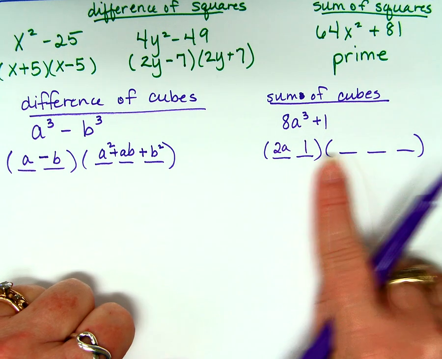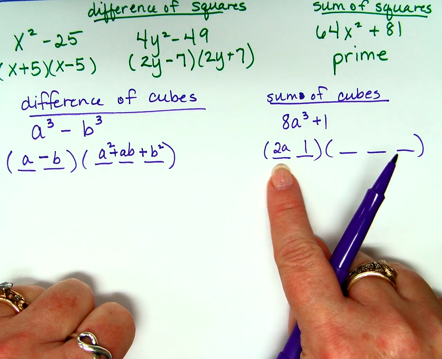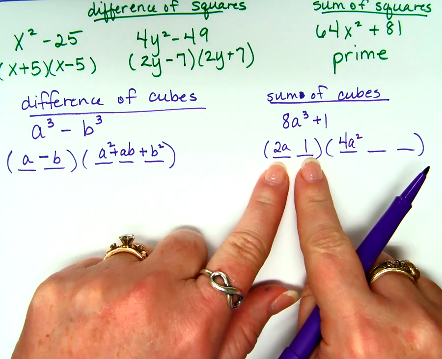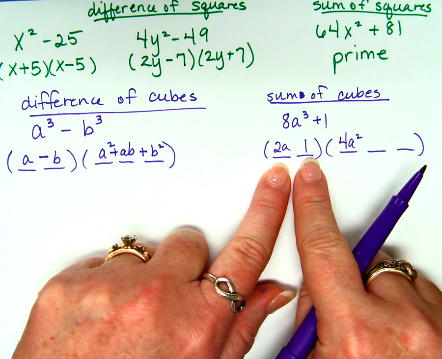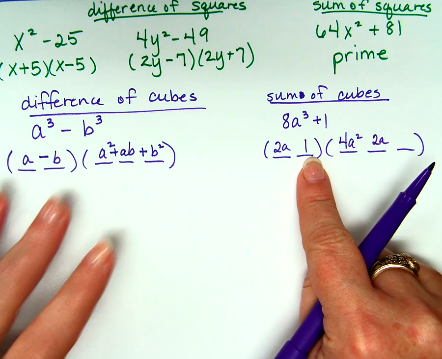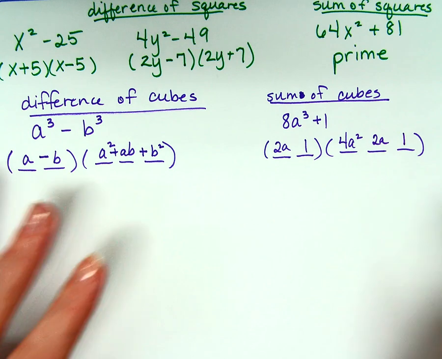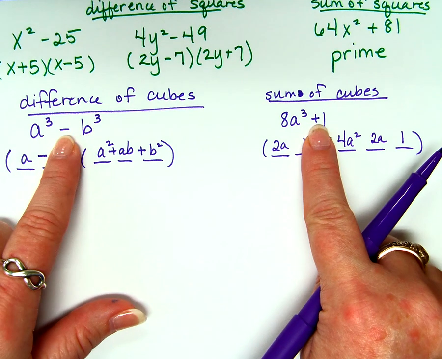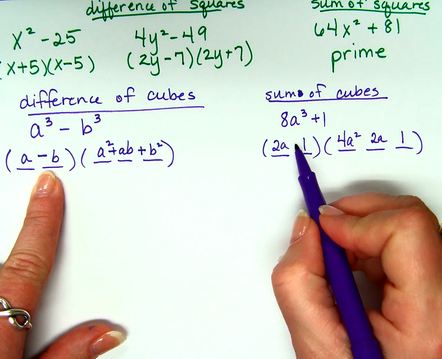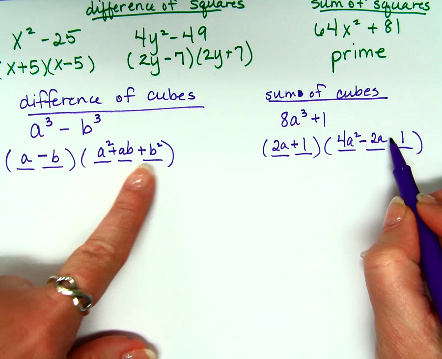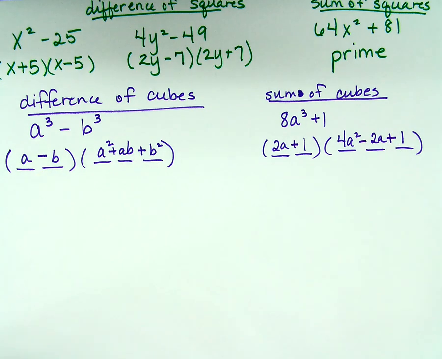I square the first term to get 4a squared. I multiply them together to get the middle term. And I square the last one to get the last term. The pattern of the signs is the same. Whatever was in the problem is in the binomial. The next sign is the opposite of that. And the last sign, always plus.